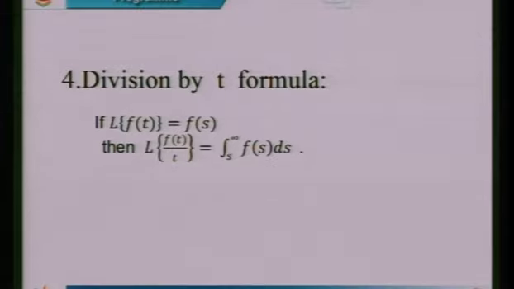If L of f of t is equal to f of s, then L of f of t by t is equal to integration s to infinity f of s ds.